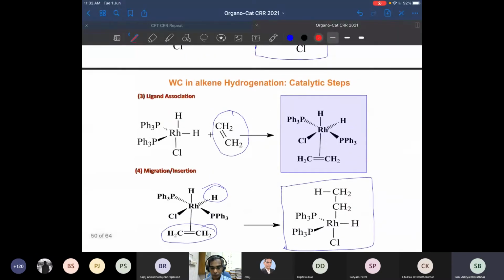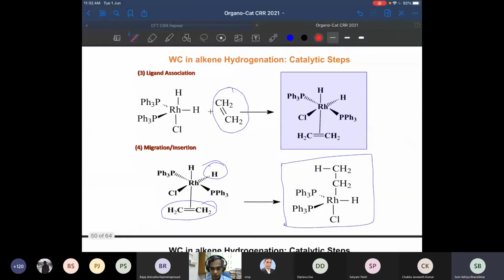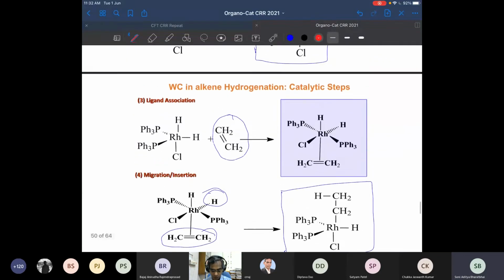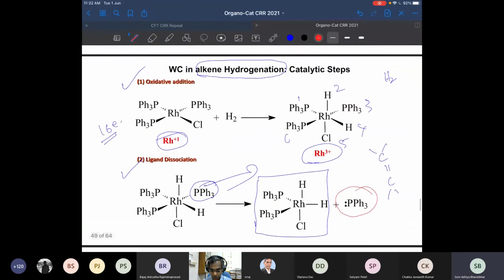Is it stable? Slide 49, the complex in the blue box in the ligand dissociation part. Yes, this is a 16 electron complex with plus 3 oxidation state.